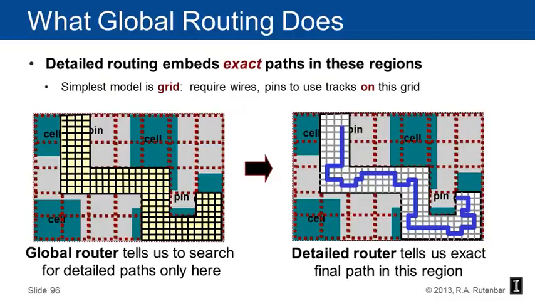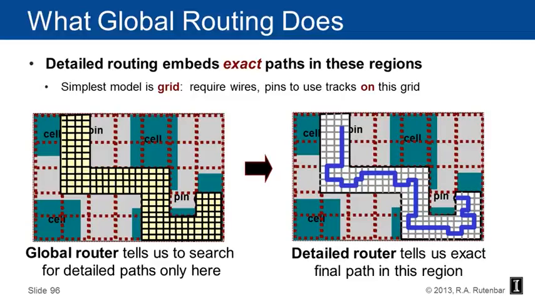So what detailed routing does, what the kind of routing we've been teaching up till this point does, is it embeds the exact paths in these regions. And the simplest model is a grid, right? You require the wires and the pins to use the tracks on this grid. So the global router in the picture on the left tells us to search for detailed paths just in the highlighted yellow set of G-boxes. And I'm showing you the individual routing grids on the inside, okay, to just give you some sense of the fact that there's a detailed routing problem yet to happen.